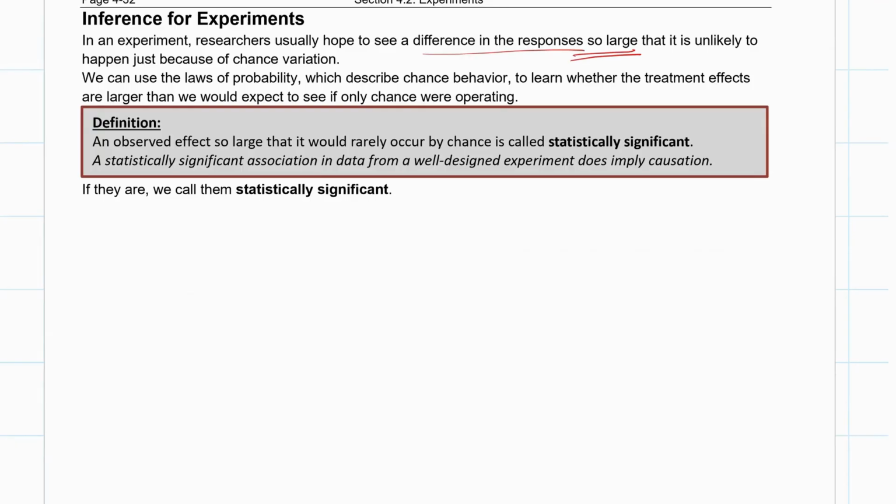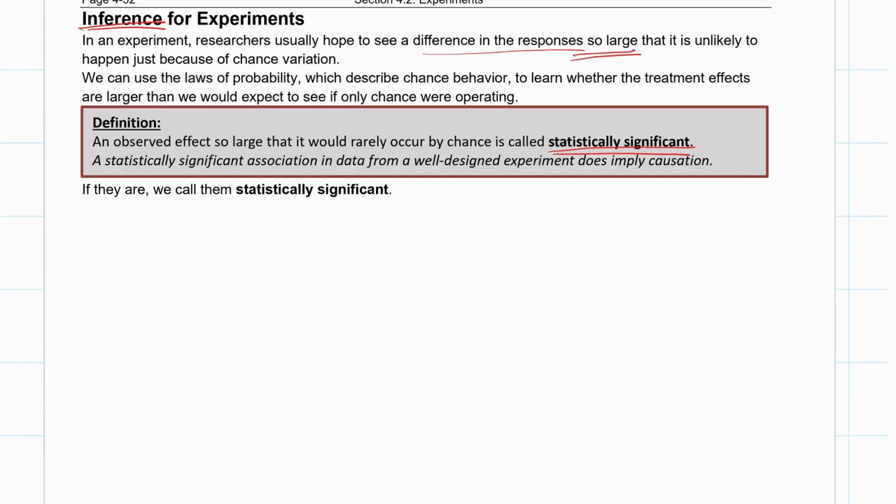But when we're done, we'd like to be able to apply our findings to a larger group. And that's where we again talk about the idea of inference, sampling, coming to a conclusion, inferring onto a large population. We don't think we can infer onto that large population unless we think the outcome is statistically significant.